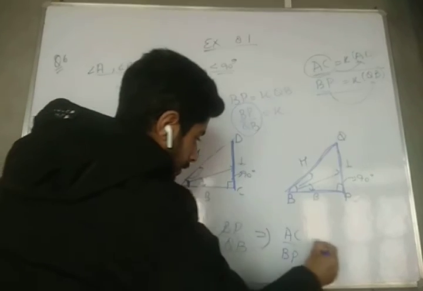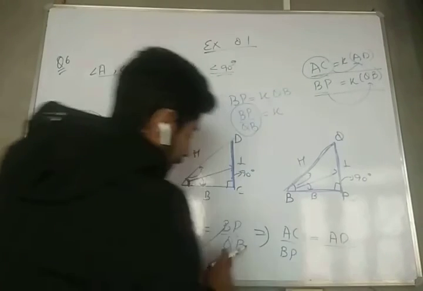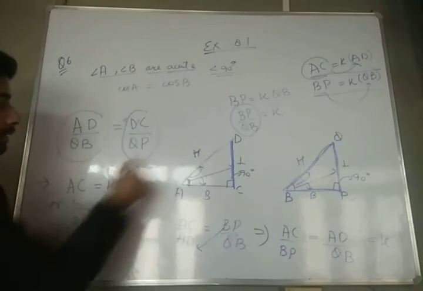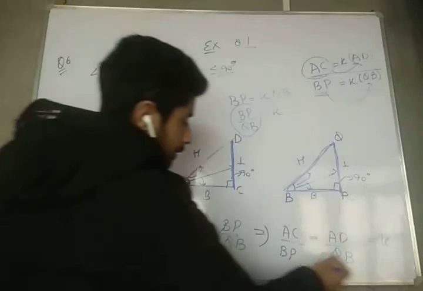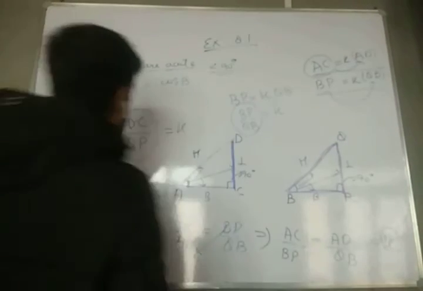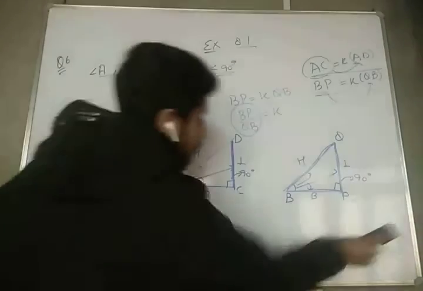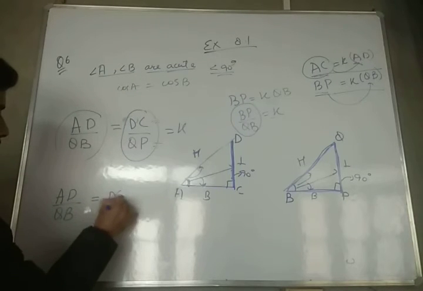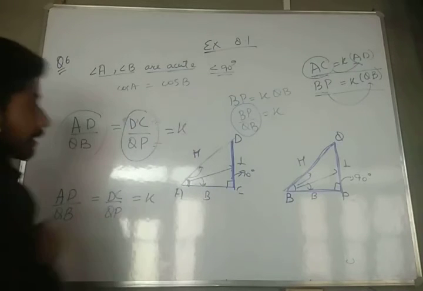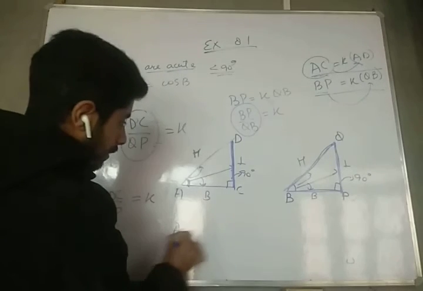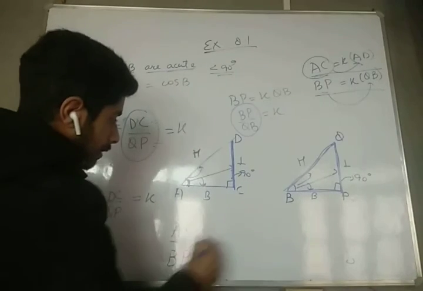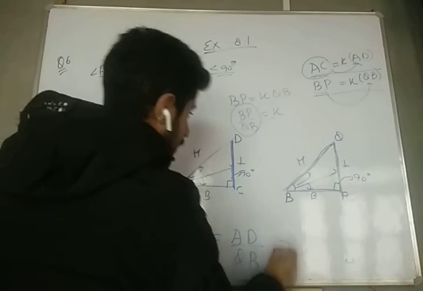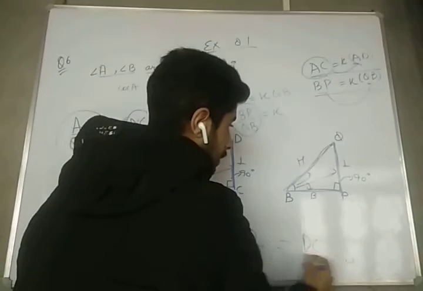It's BP equal to, take this AD to that side, AD divided by QB, and this is equal to K. Now the ratio which we just calculated, this DC by QP, is also equal to K. So we conclude like this: AD by QB is equal to DC by QP, is equal to K. That means AC by BP is equal to AD by QB, is equal to DC by QP.